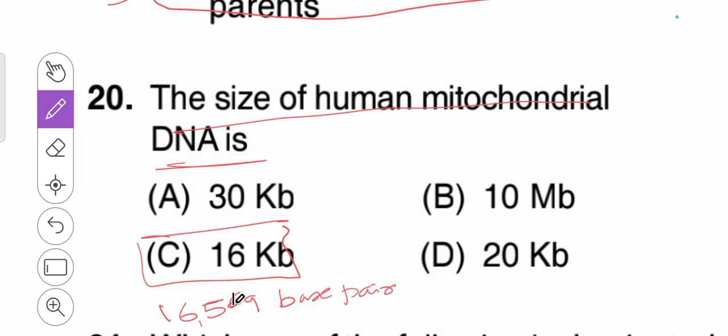And this 16 kb will code for around 13 to 14 proteins, where this smallest DNA will be seen in the mitochondria, where we will get this 16 kb DNA. So C is the right answer.